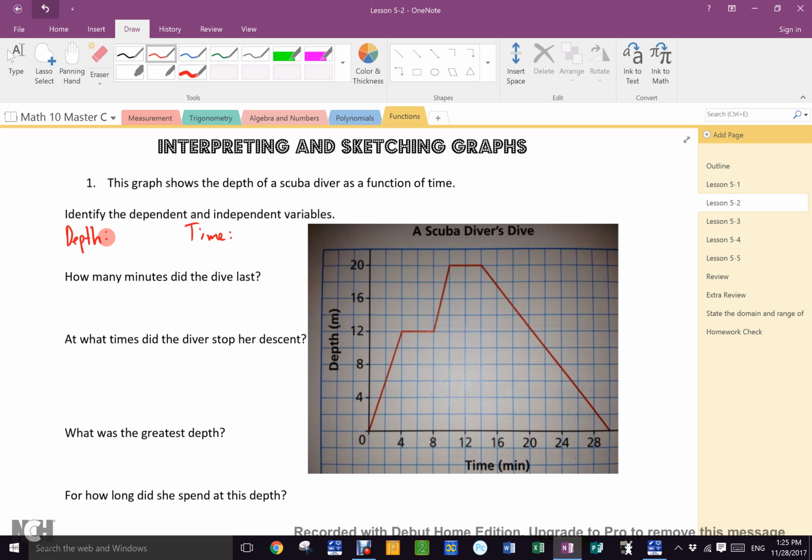Which is which? Talk to your neighbor. Do not yell out an answer. Decide. I have already gone over why independent variables are independent, why dependent variables are dependent.